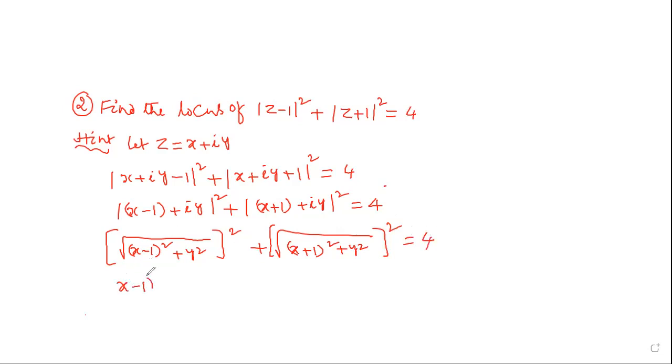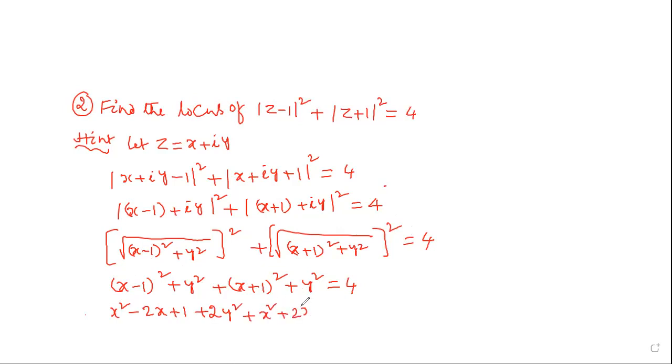(x - 1)² + y² + (x + 1)² + y² = 4. Now expand: x² - 2x + 1 + y² + x² + 2x + 1 + y² - 4 = 0.